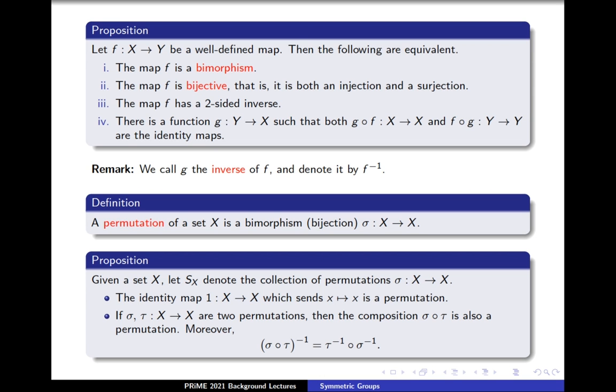If sigma and tau from X to X are two permutations, then their composition, sigma composed with tau, is also a permutation. Moreover, we have the formula for the inverse of the composition. Sigma composed with tau, inverse, is equal to tau inverse composed with sigma inverse.